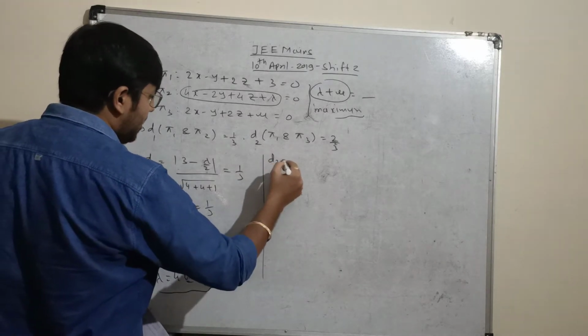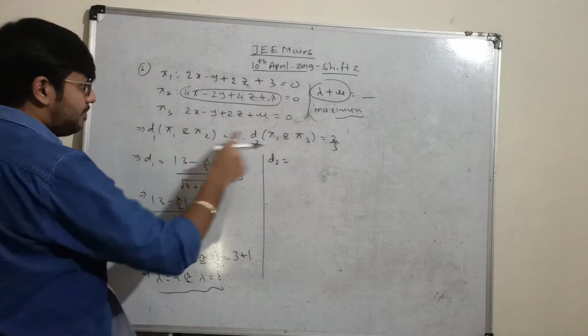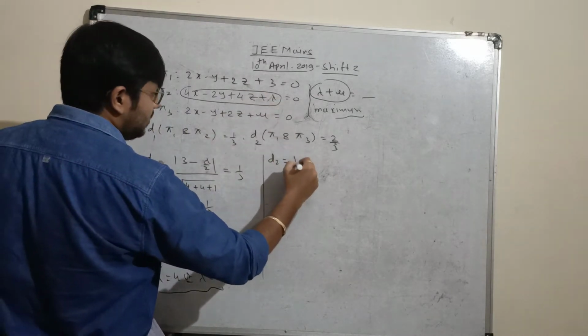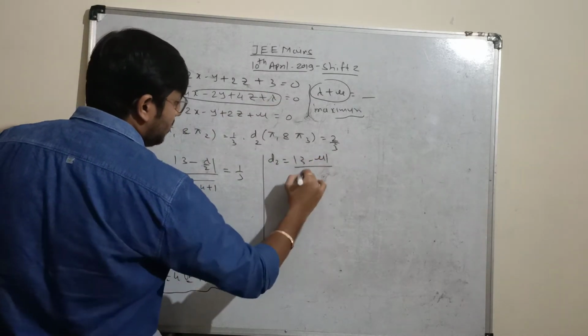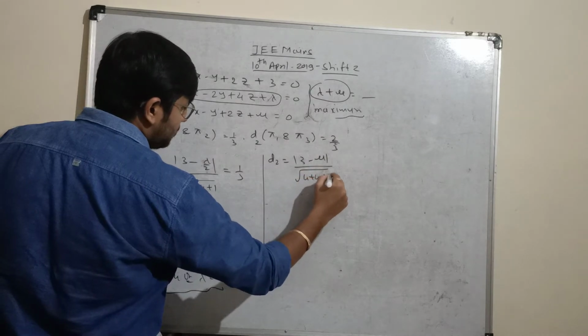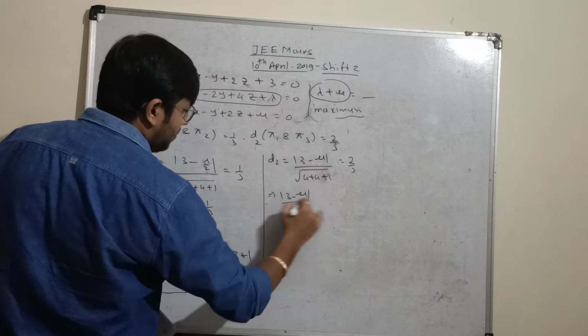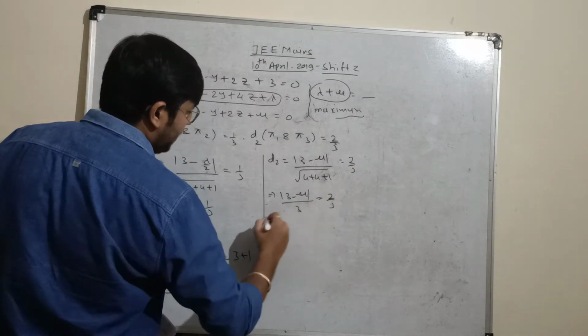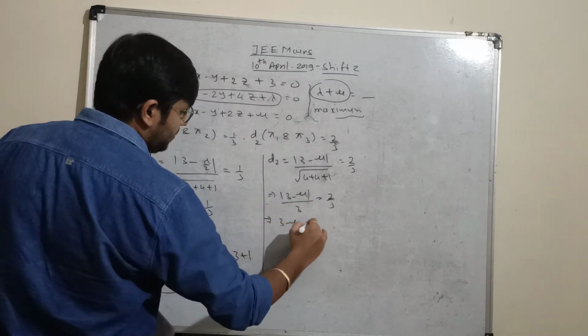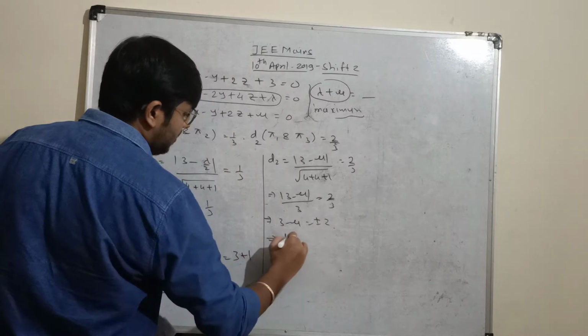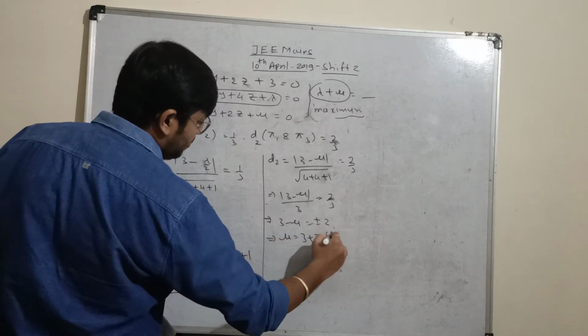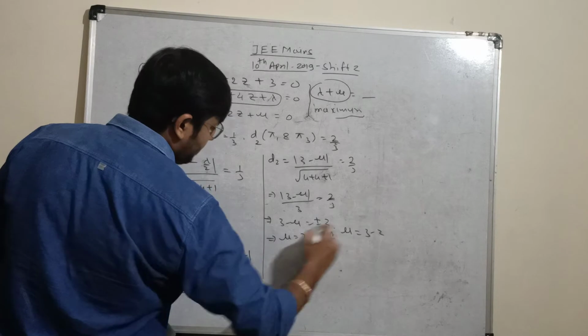Similarly, let's talk about d2. d2 is the distance between pi 1 and pi 3. So it's 3 minus mu upon the square root of 4 plus 4 plus 1, which equals 2 by 3. So 3 minus mu upon 3 equals 2 by 3. So 3 minus mu equals plus or minus 2. So mu equals either 3 plus 2 or 3 minus 2.